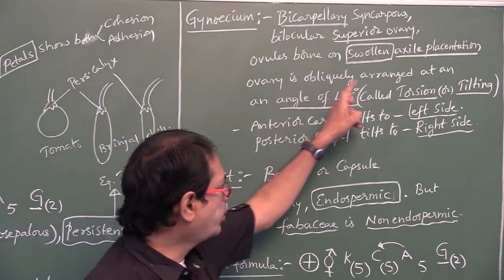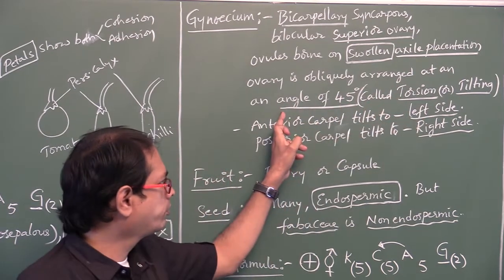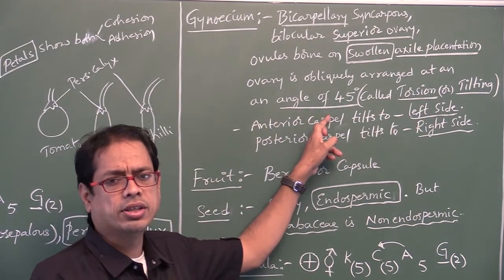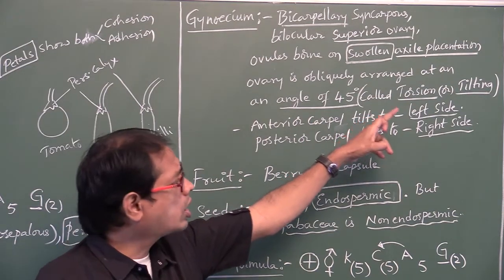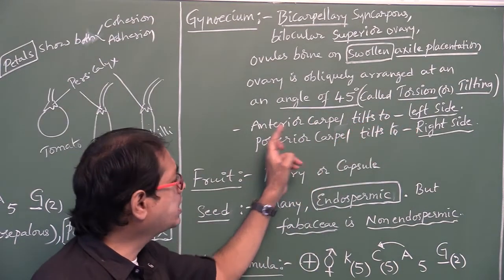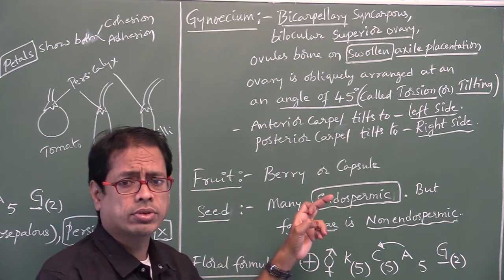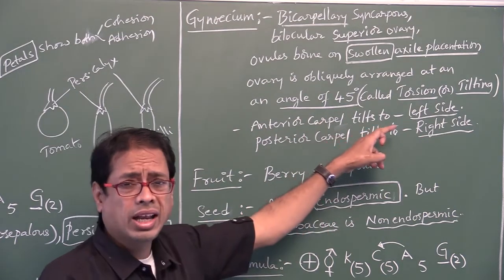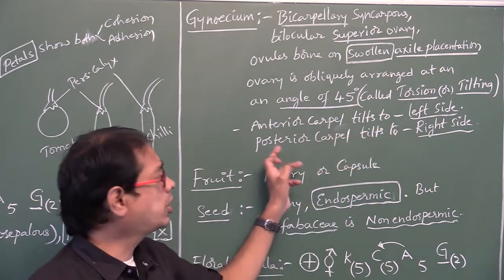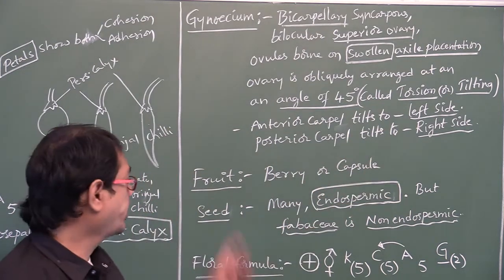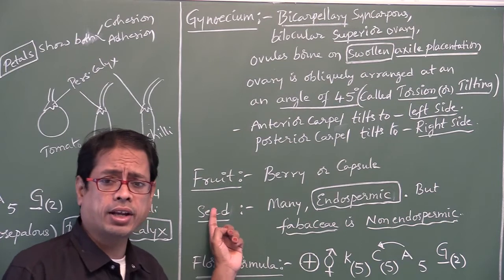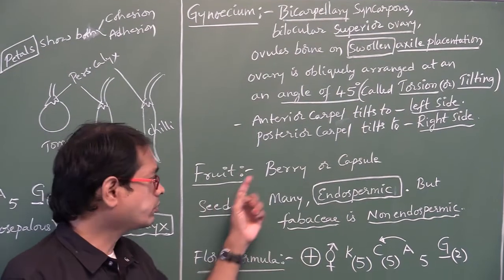Ovary is obliquely arranged at an angle of 45 degrees. This type of arrangement is called torsion or tilting. Next, anterior carpel tilts to left side, posterior carpel tilts to right side at an angle of 45 degrees.